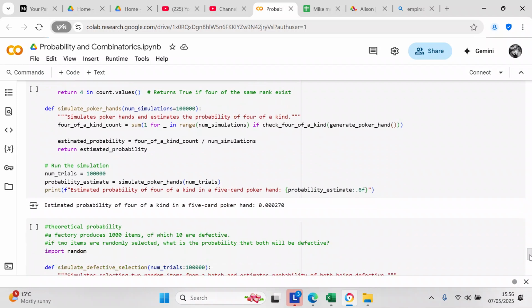Now we have another function, def simulate_poker_hands(num_simulations equals, it looks like 100,000 to me).